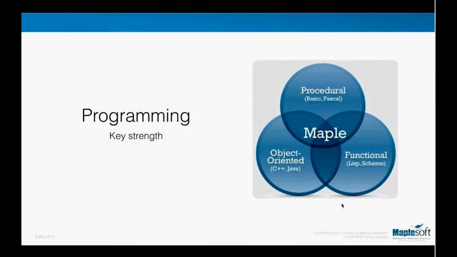So it's easy to program algorithms if you're familiar with the traditional procedural type of programming languages, such as C or Python or MATLAB, for example, but also incorporating other elements, object-oriented and functional elements as well.